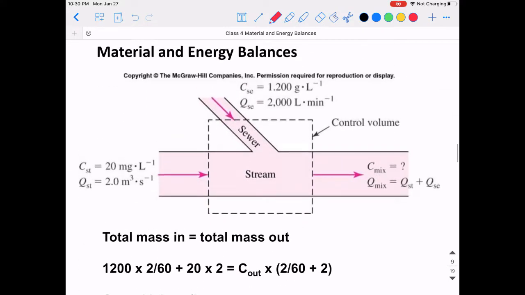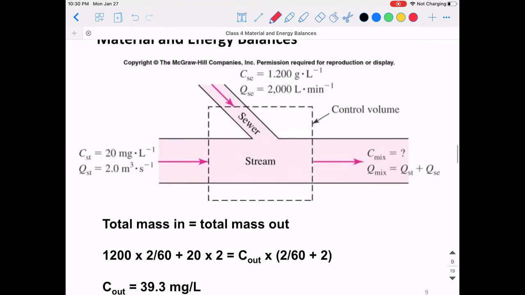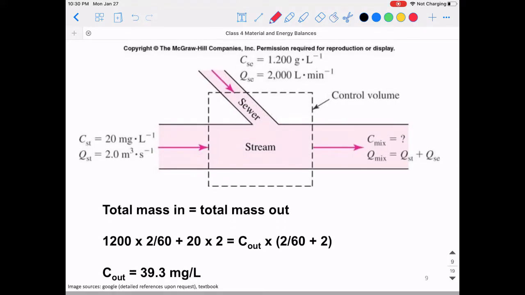So here it's showing a more clear schematic diagram, right? For the stream, it has a flow rate of 2 meter cube per second, and it has a concentration of 20 milligram per liter. And then we're also showing this snowmelt here.